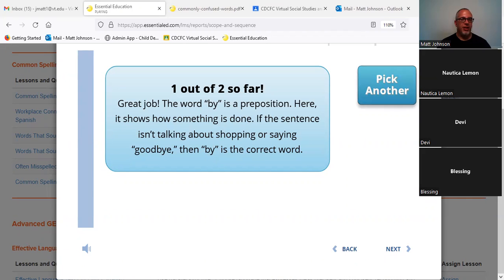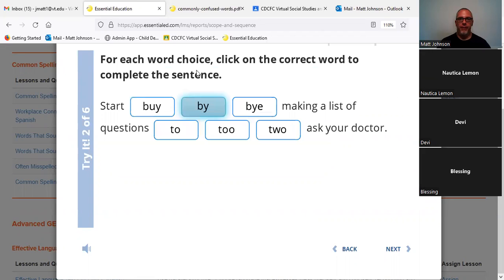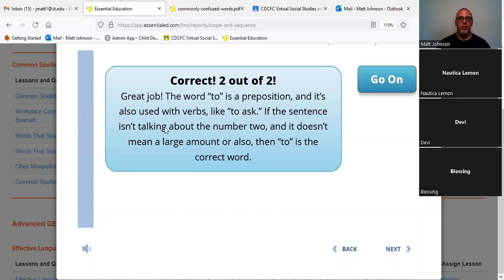Number one was the contraction it's, IT apostrophe S, and then the possessive pronoun your, Y-O-U-R. And then to, which is a preposition. Great job. The word to is a preposition, and it's also used with verbs like to ask. If the sentence isn't talking about the number two, and it doesn't mean a large amount or also, then to is the correct word.